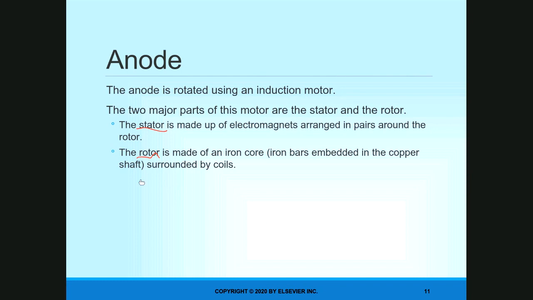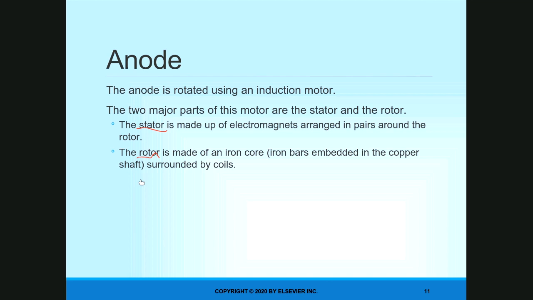The stator is made up of electromagnets. They're actually fixed electromagnets that surround the rotor, and the stator is outside the tube enclosure, outside the evacuated glass envelope. The rotor has an iron core surrounded by coils, but the rotor is found inside the glass or metal envelope.